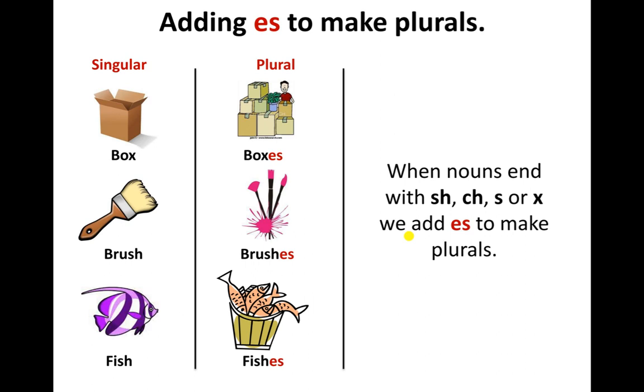Now the word box ends with x, hence we will add es with it, okay? Then the words brush and fish, these words end with sh, so we will add es to pluralize them. All these words become boxes, brushes, fishes by adding es with it. You can take examples like church, bus, and try to pluralize this by following this rule.